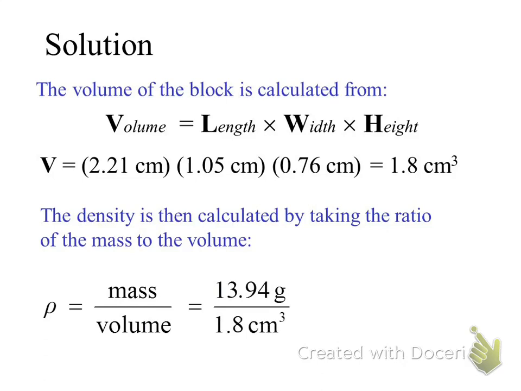So density is equal to that mass that they told you, 13.94 grams, divided by, we came up with a volume of 1.8 centimeters cubed. And here's the rub. I put this in my calculator, and I get something other than you're going to see displayed.